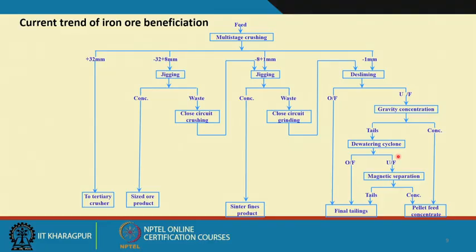Now, if you look at the current trend of iron ore beneficiation, in detail, your size by size breakup. When I have a complicated flow sheet like this, I have to track it size wise, that is, you follow the arrows.